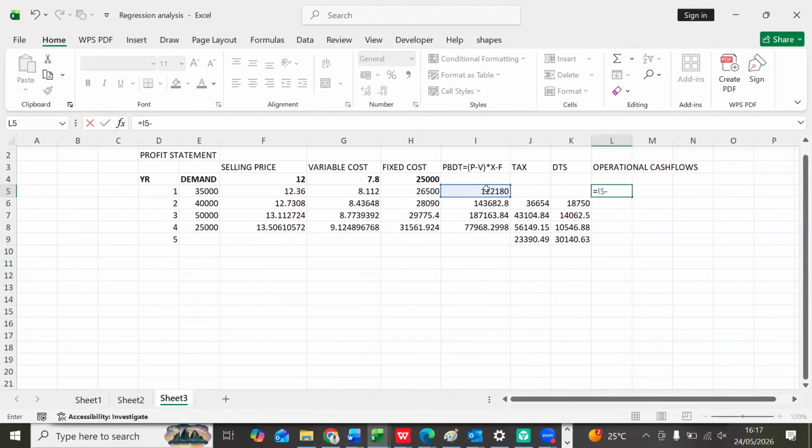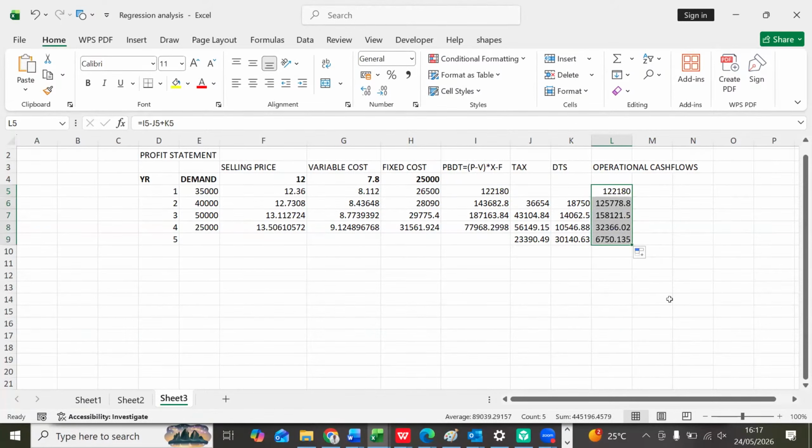I say minus the tax, which is 0 here. I'm just putting it up for my formula. Plus the depletion tax shield like that. So those are the operational cash flows. Then I'll say Control Enter. Once I have that, I'll autofill all this down like that.